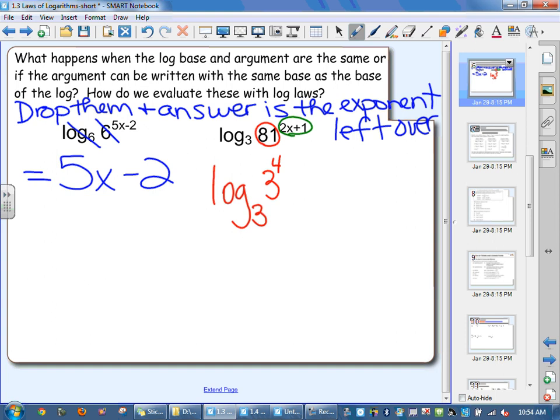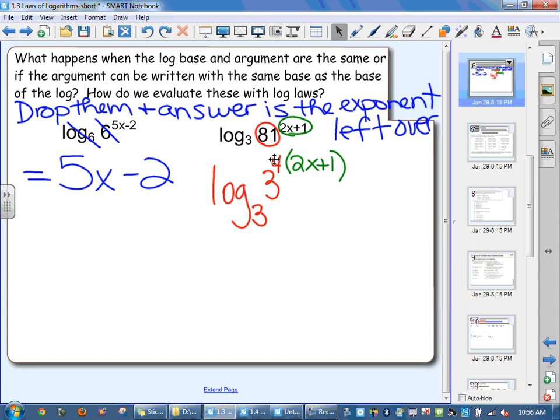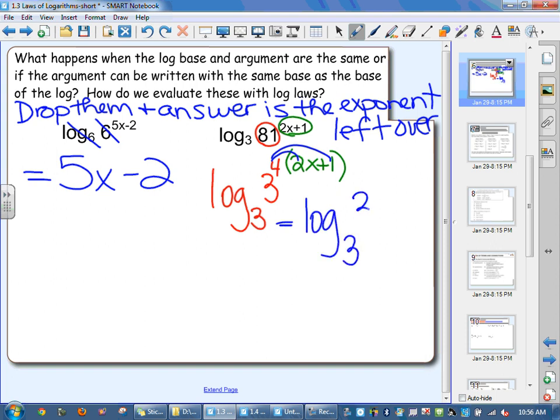So now that we're at this point, we take our outside 4 and we multiply it into our exponent. So we end up with log base 3 of 3 to the 8x plus 4. Now that our log base is the same as our argument, they drop. My final answer will be 8x plus 4. This concludes log laws part 1.